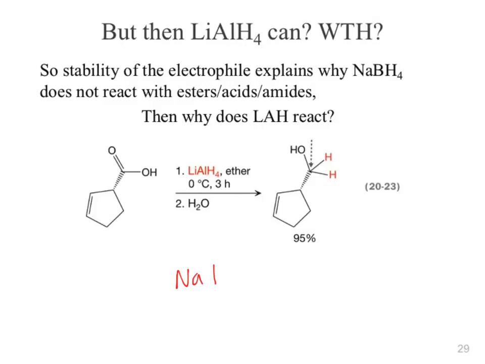Aluminum is not electronegative, so it doesn't stabilize the electrons between the hydrogen and aluminum very well. The hydrides in lithium aluminum hydride are more nucleophilic. They are more negatively charged. Your explanation, aluminum is lower in electronegativity than boron, is a good explanation.